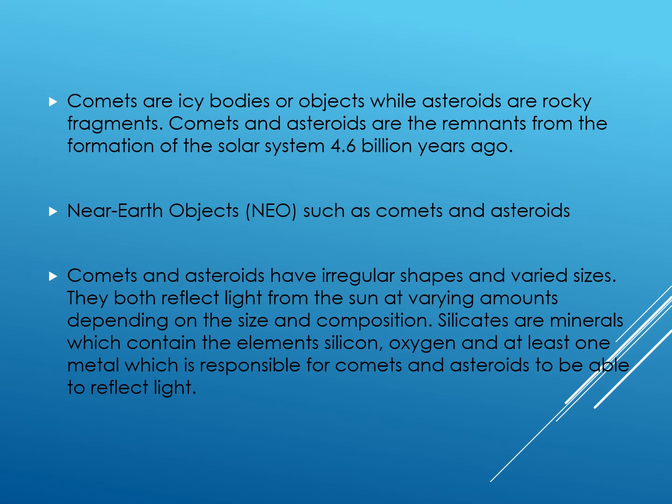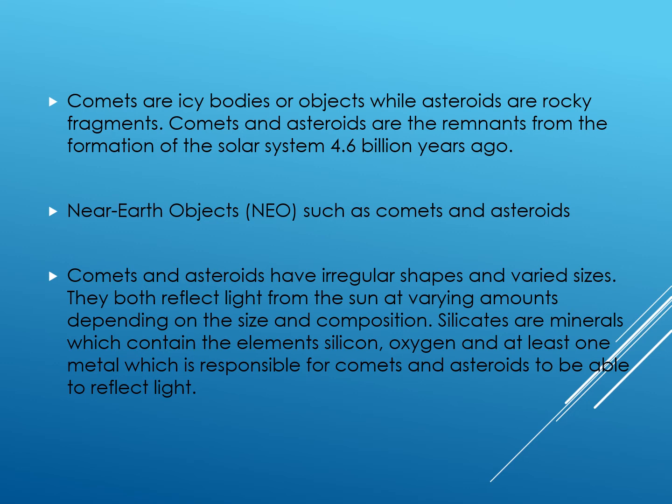Comets are icy bodies, while asteroids are rocky fragments. Comets and asteroids are remnants from the formation of the solar system 4.6 billion years ago. They are near-Earth objects, also known as NEO. Comets and asteroids have irregular shapes and varied sizes.